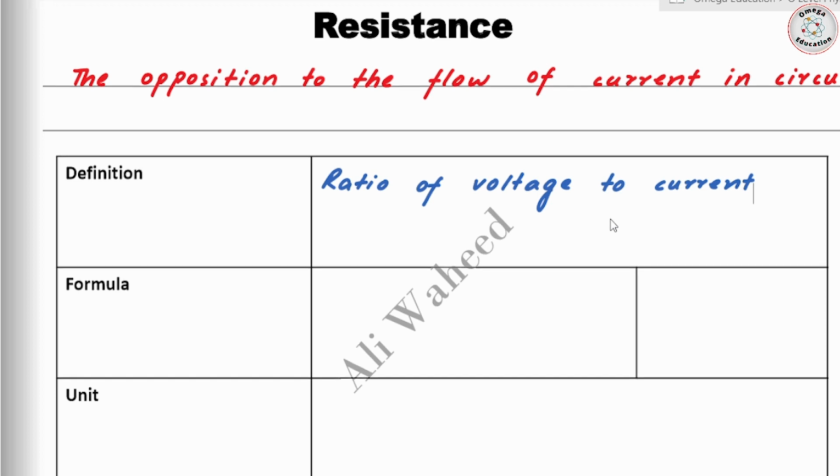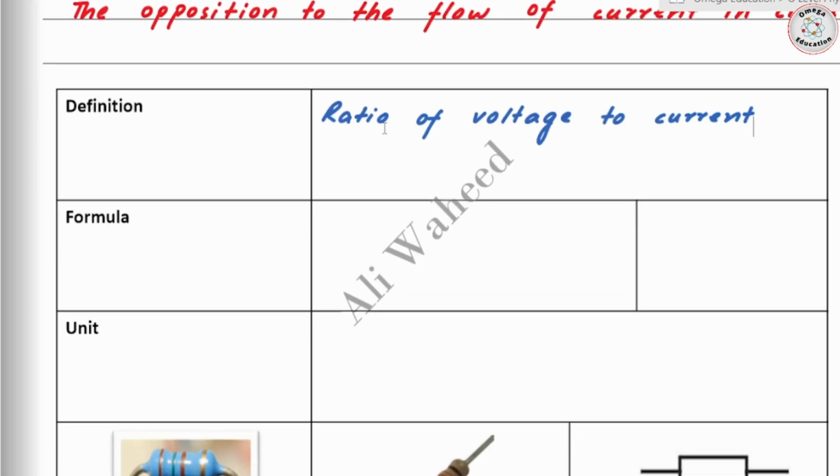Now, formula. From this very statement we can get to the formula of resistance as well, which in that case would be voltage over current.